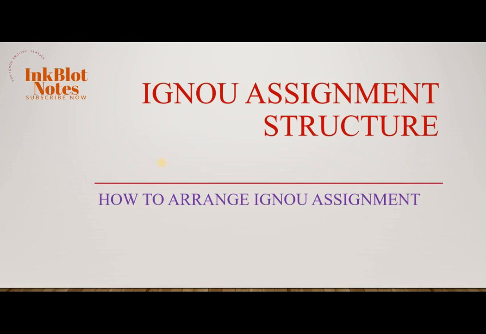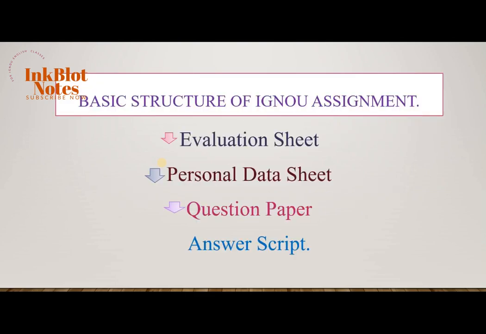Today, I am here with a new video on how to structure or arrange an IGNOU assignment. First of all, let us have a look at the structure of an IGNOU assignment. In the basic structure, there will be four parts: evaluation sheet, personal data sheet, question paper, and answer script.